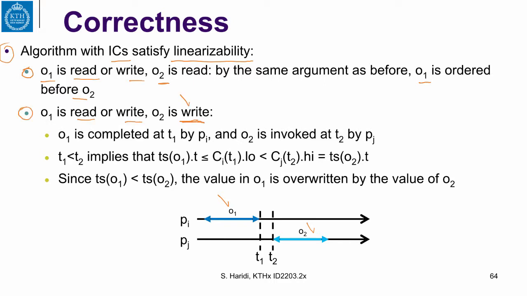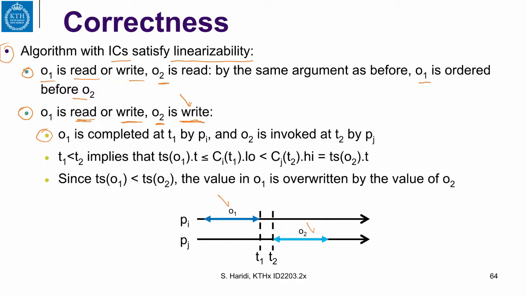If O1 is a read or a write and O2 is a write, we want to guarantee that O2 will override the value read by O1 or written by O1.